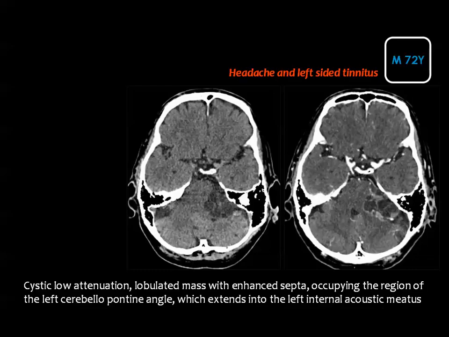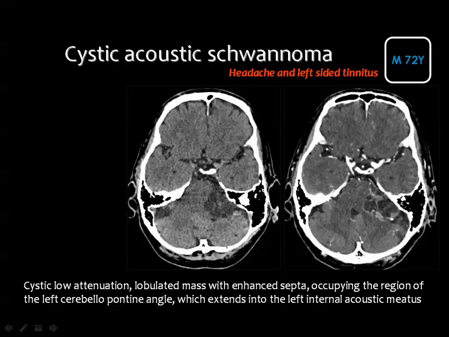And the acoustic neuromas are two types, the neurofibroma and the schwannoma. The schwannoma has a tendency for cystic component. Then, if you see a marginally enhancing cystic lesion at the cerebellopontine angle, consider cystic schwannoma.